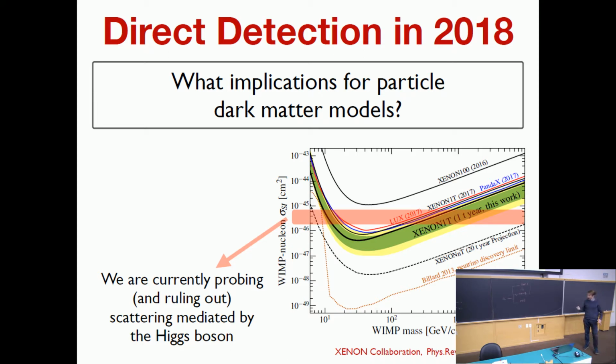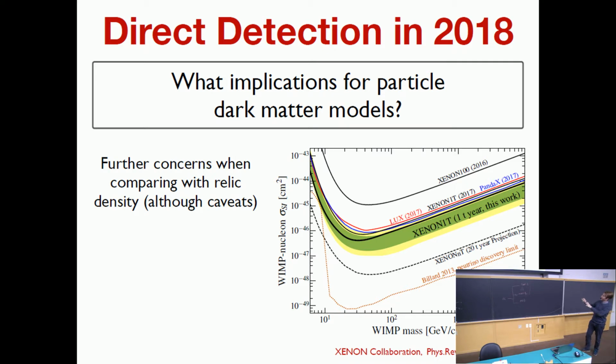Okay? So there is some concern when you look at a plot like this, especially after you impose relic density constraints. Okay, so you want the couplings you are probing here to be such that they are also able to give you the right relic density in the early universe.